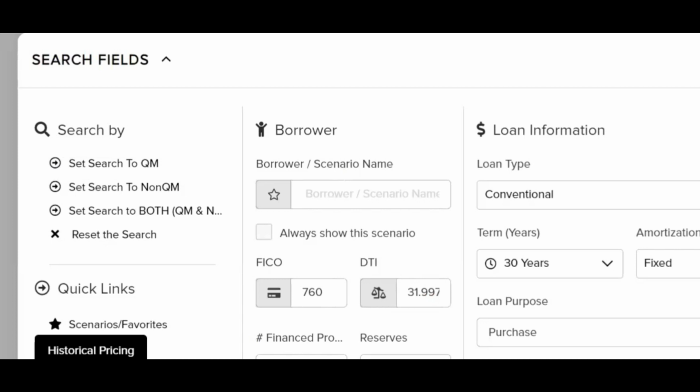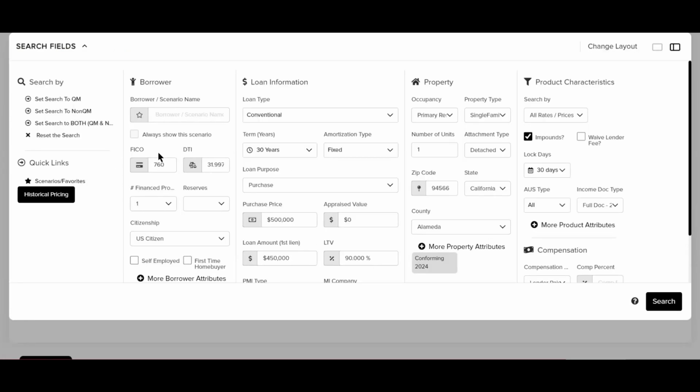It's going to go back to Los Angeles, California. It's still going to be a 760 FICO score because that's the default. So as you see, Los Angeles, California, 80% loan to value, conventional fixed loan. That's always a good idea if you're having ineligibility issues where you say, hey, why isn't this coming up?